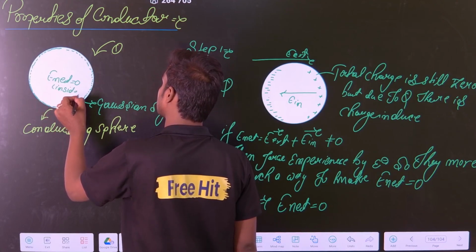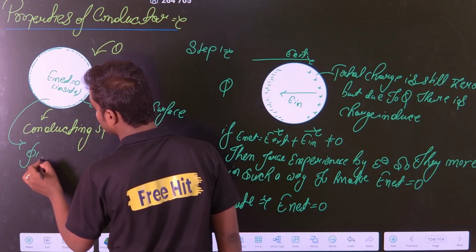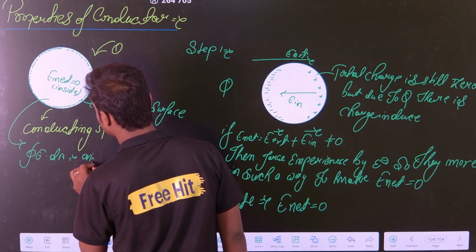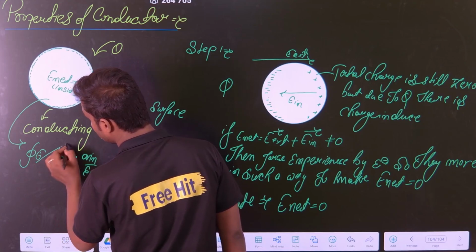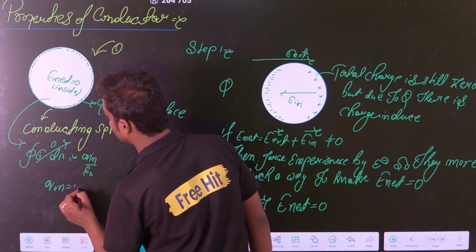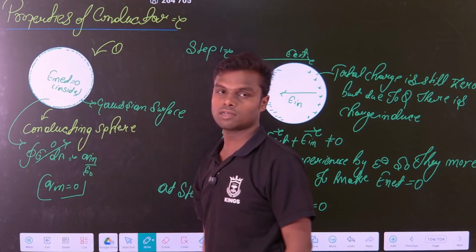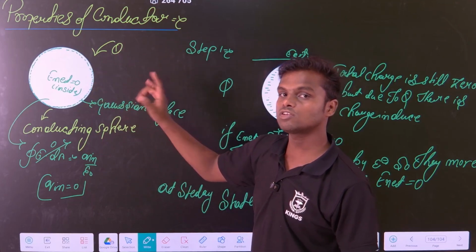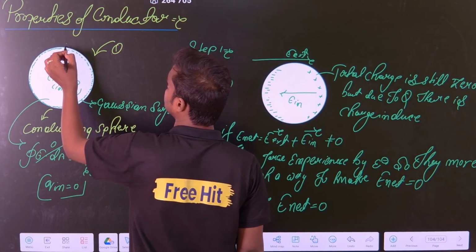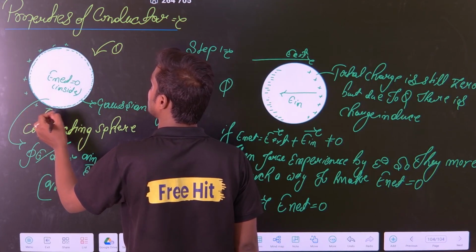Now by Gauss law, phi equals E dot dA, which equals Q in by epsilon naught. As my internal electric field is 0, Q inside will also be 0. That means if we give this charge to the conductor, it will always be present only on the surface, and there will be no charge inside.